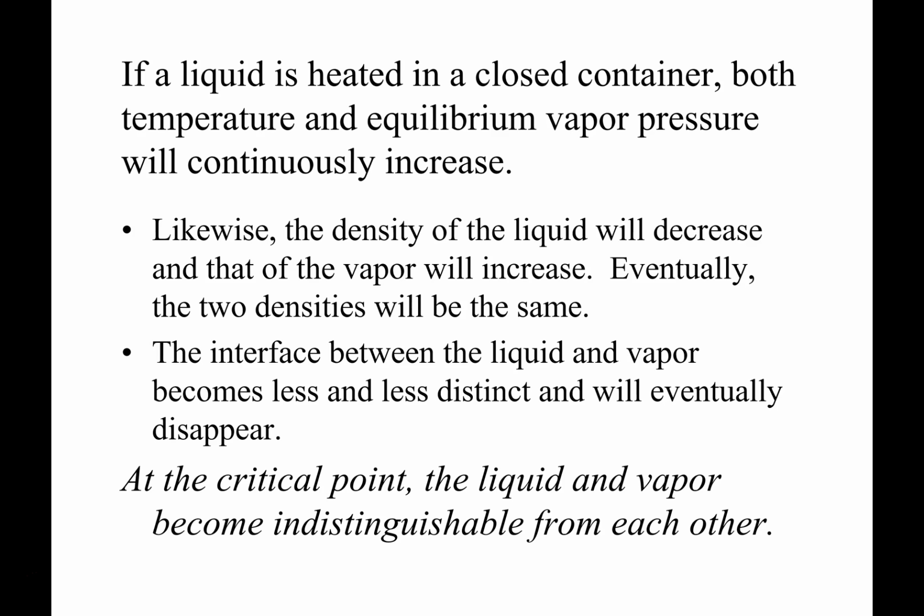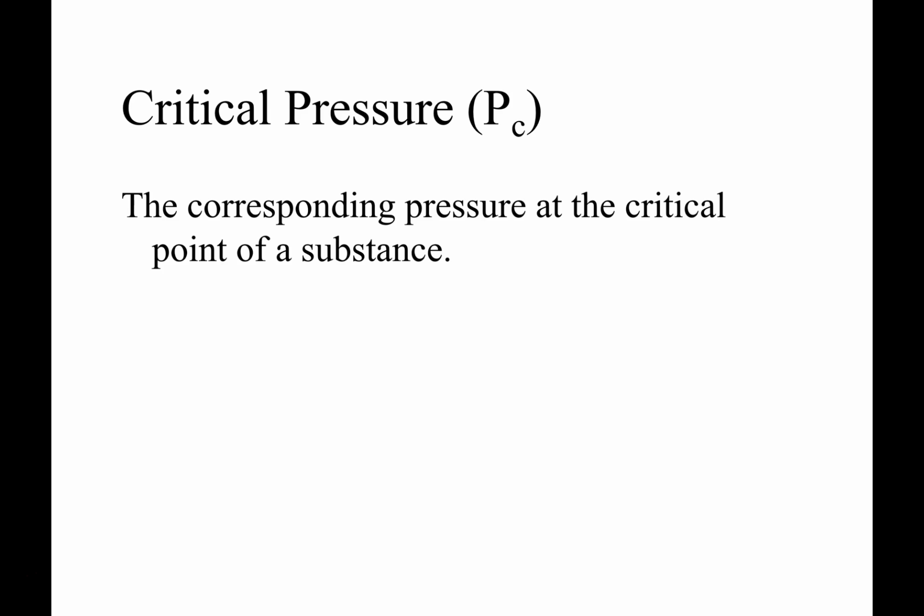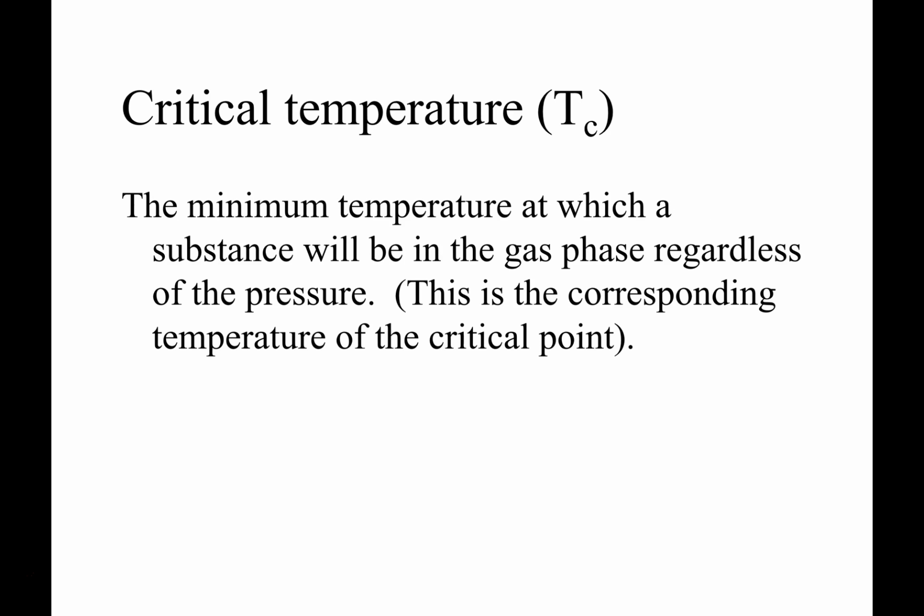So the critical point creates, I think, a fourth sector. Critical pressure is the pressure at which your equilibrium vapor pressure curve ends, and critical temperature is the temperature at which it ends.